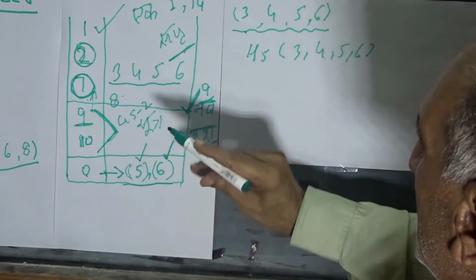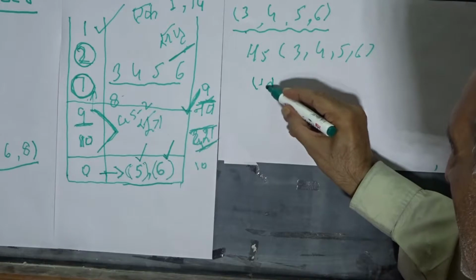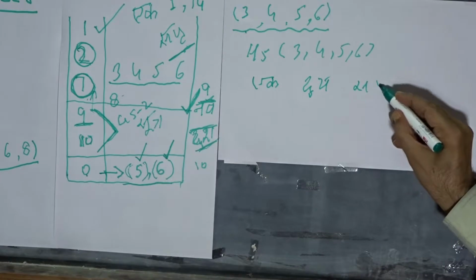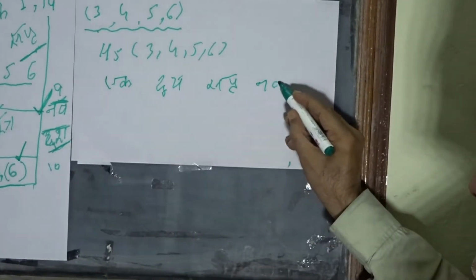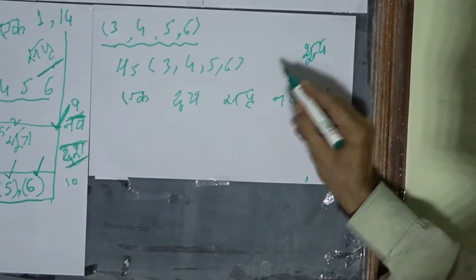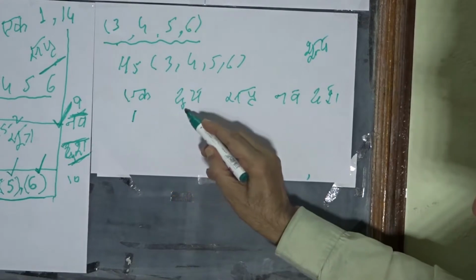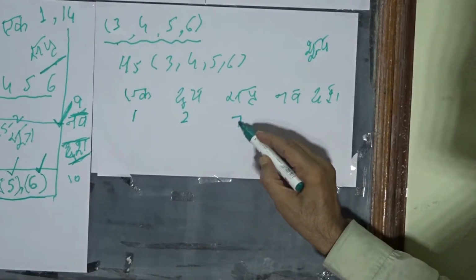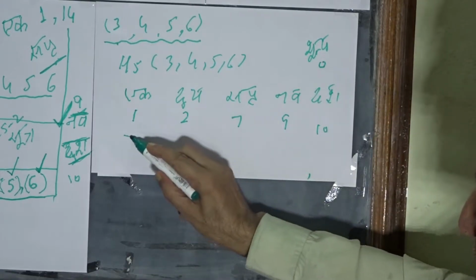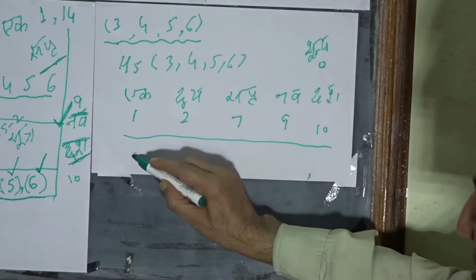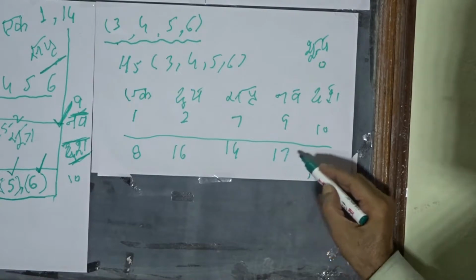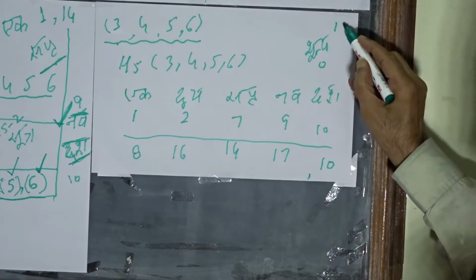However, these 6 formulations Ek, Dve, Sapt, Nav, Das and Shunya, which have the simple rendering as values 1, 2, 7, 9, 10 and 0, are having TCV values 8, 16, 14, 17, 10 and 18.